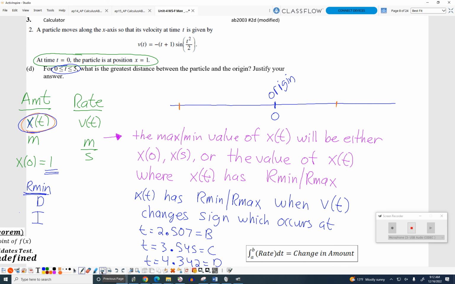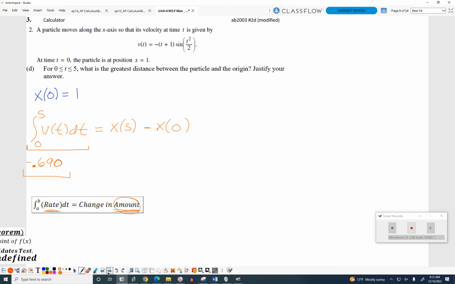Meters, right? That's what we decided. Yeah, x of t, position. Right. So the amount is being represented by x of t, which is position, the location of the particle. What is the rate in this particular problem? Velocity. So whenever we integrate velocity, we are finding how much the amount changed. We're not finding how much the velocity changed. Okay, so it's the change of the amount. Change of the amount. Thank you.